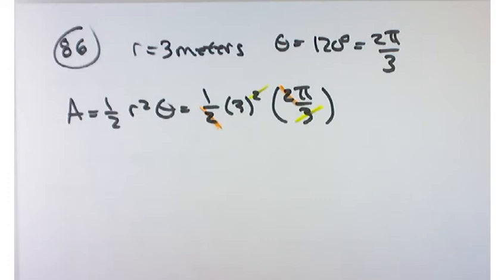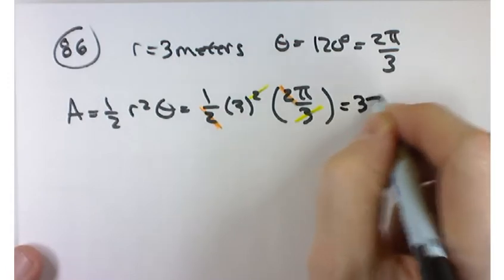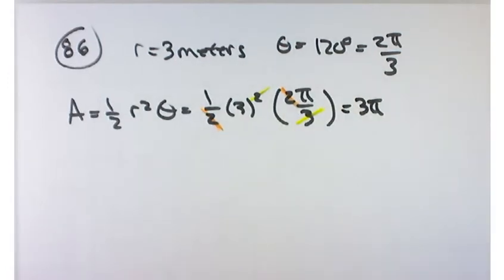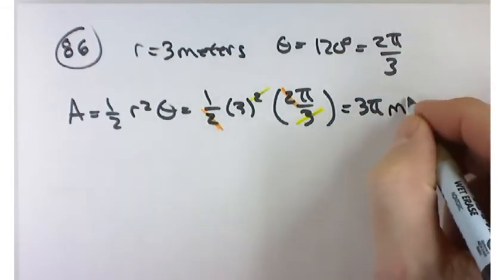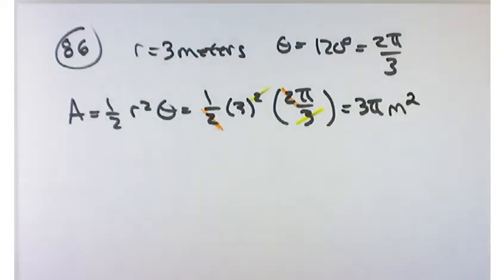What's left? 3 pi. There's one other important thing that we need here: meters squared. We're talking about area, so we have to have square units for area. So there you go. Meters squared.